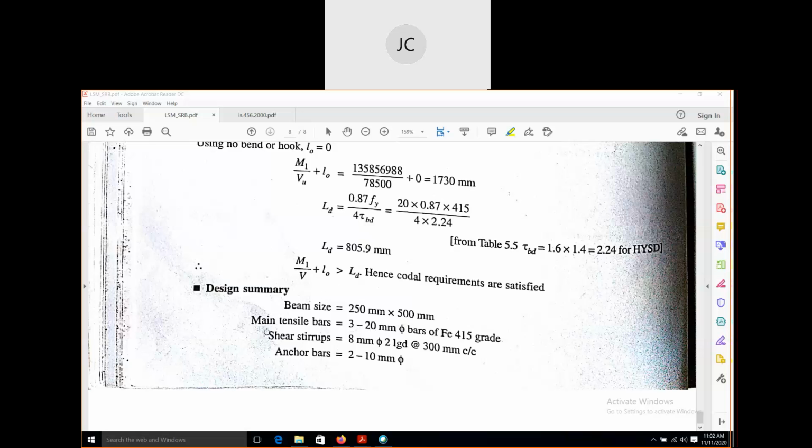Then shear stirrups, that means reinforcement, 8 mm two-legged at 300 mm center to center, and then anchor bars. Can anyone tell me what these anchor bars are?